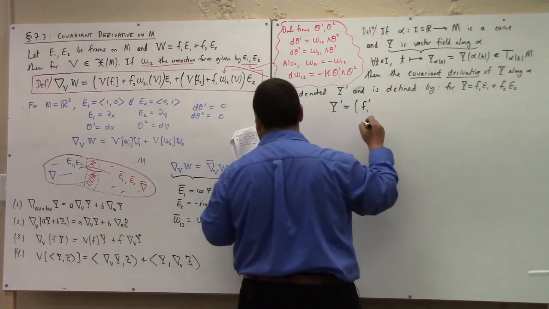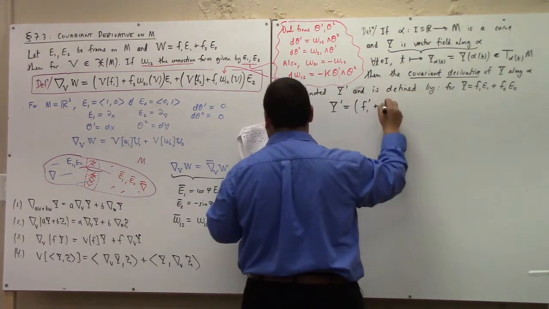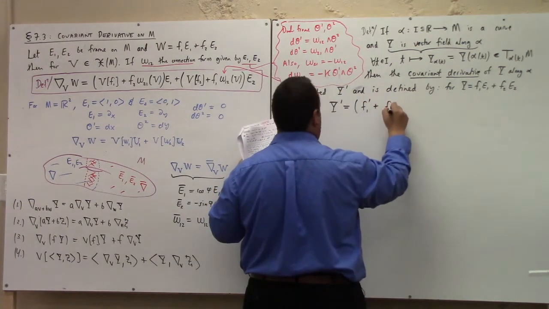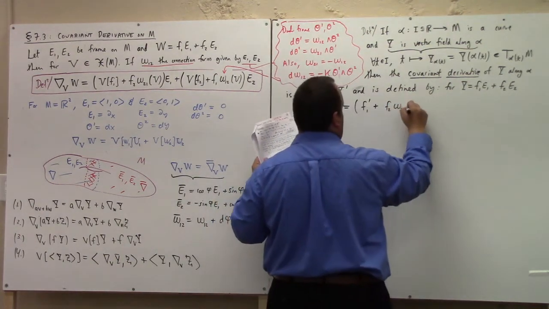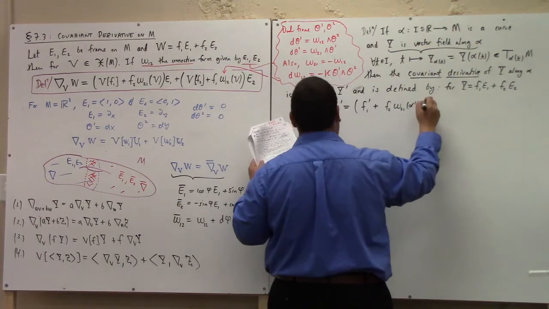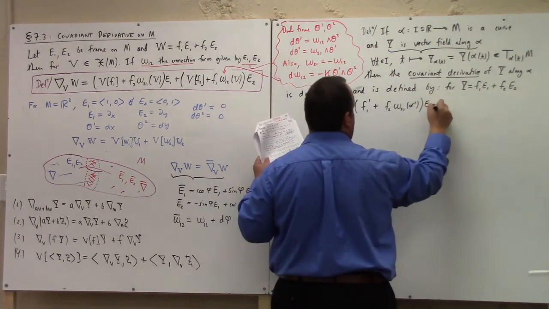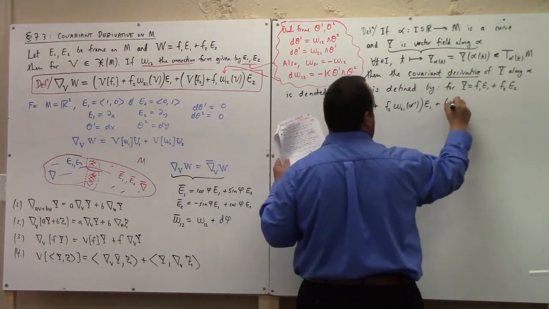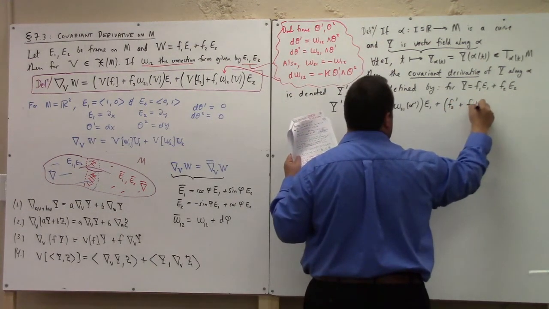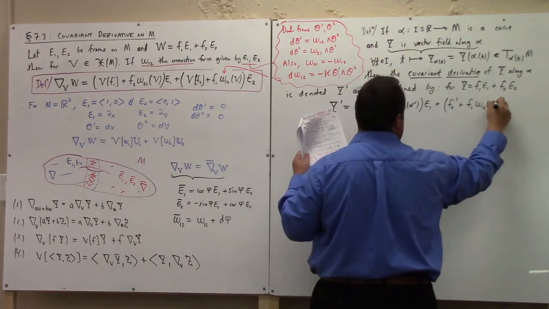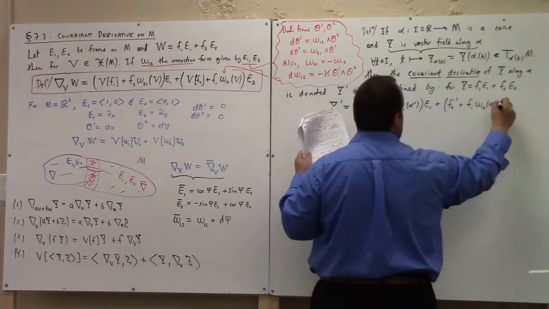F1 prime plus F2 omega 2,1 of alpha prime E1 plus F2 prime plus F1 omega 1,2 alpha prime E2.